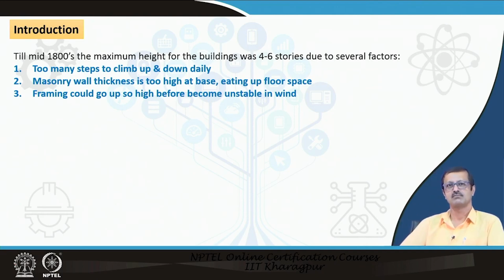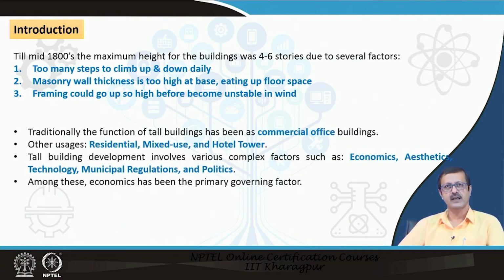So you have to have some other alternative windows, because as you go up, the wind pressure increases drastically. For that unstable wind, it is not possible to control the opening of the windows. Those are the typical points that made mankind stop dreaming towards the high-rise.